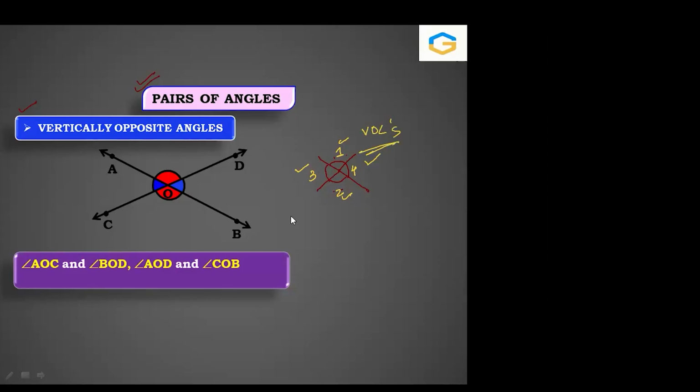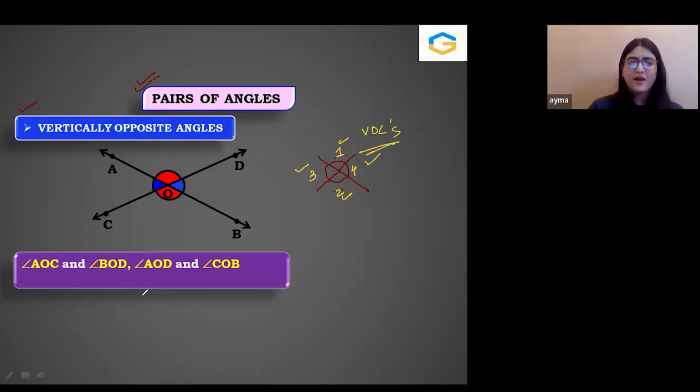Yes, ma'am. Good. So let's move forward now. So देखो angle AOC, that means this angle, and BOD, this angle, and this AOD and COB, these are the vertically opposite angles. And vertically opposite angles याद रखना हमेशा pair में होते हैं. एक अकेला कोई angle vertically opposite नहीं है.